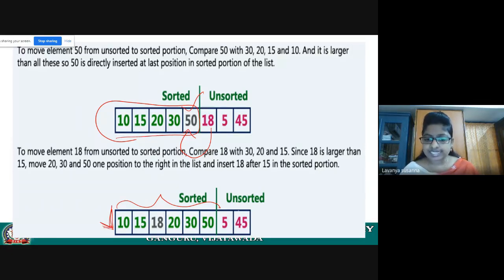Now, what is the next element? 5. Insert 5 in the sorted list.